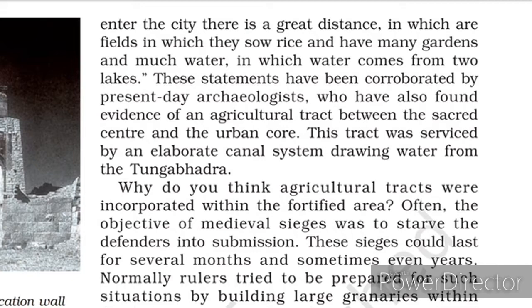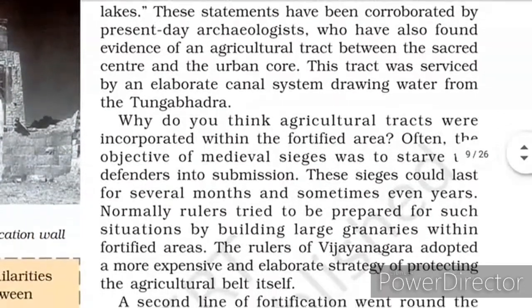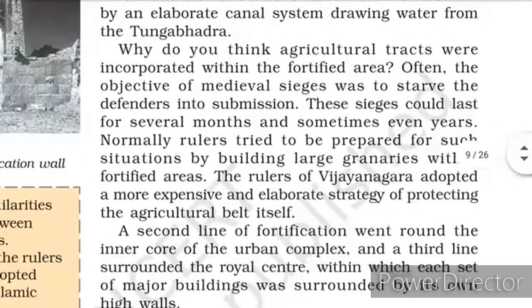So from this, what archaeologists can say is that it was evident that agricultural fields lay between the religious and the urban center. This was irrigated by a canal which drew water from the river Tungabhadra. The main aim of the sieges, that means whenever there is some kind of attack, what is the main aim of this type of attack?